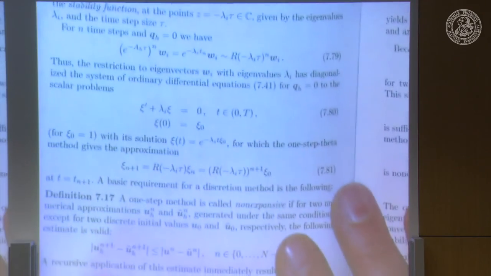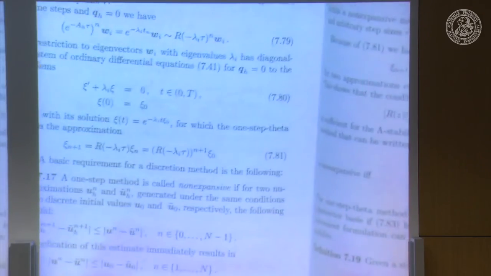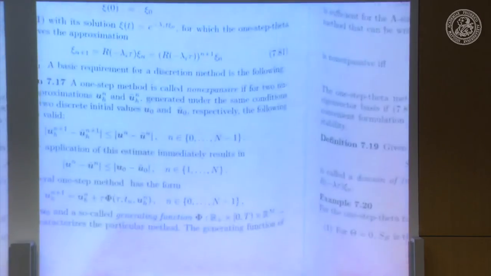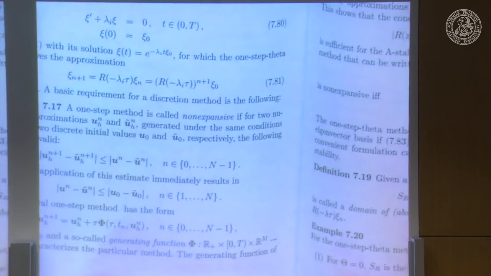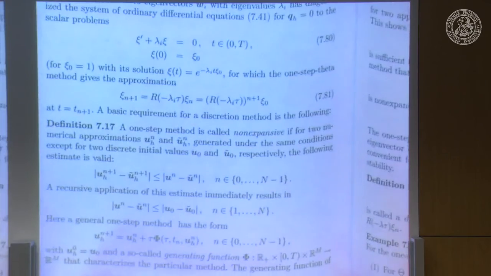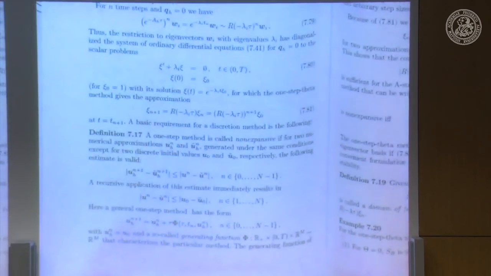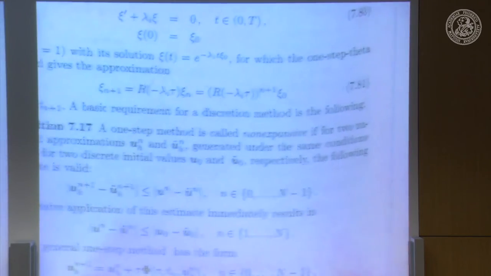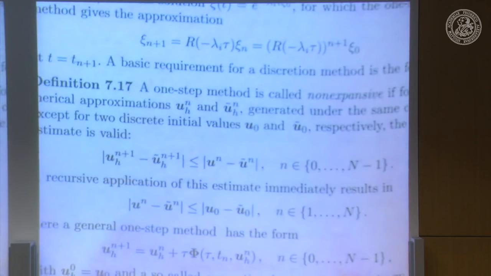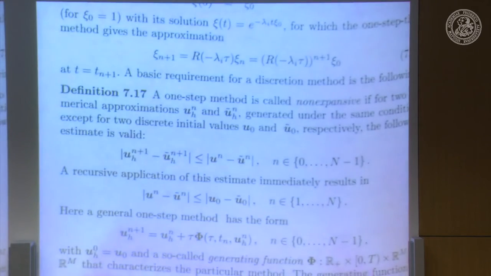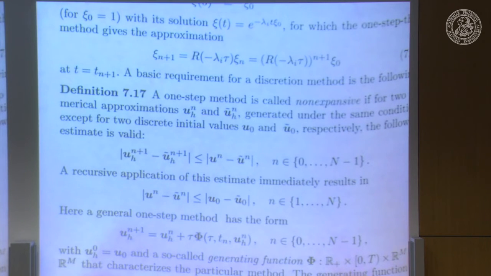So what we would like to have for a method, as I said already, is that the method is non-expansive. Maybe you know the notion of contractive. Non-expansive is a weaker notion.